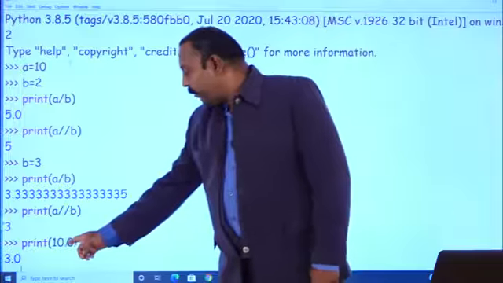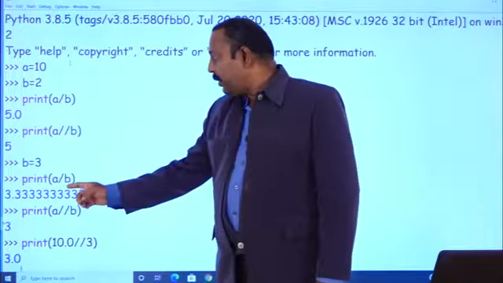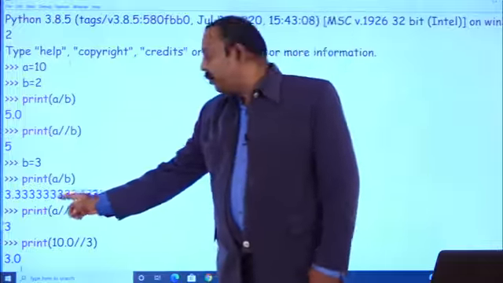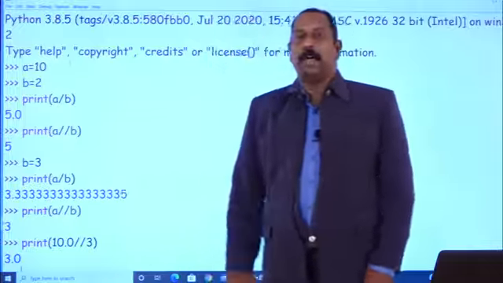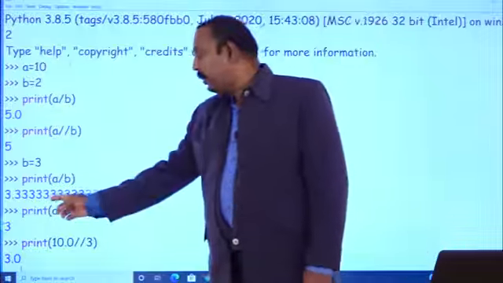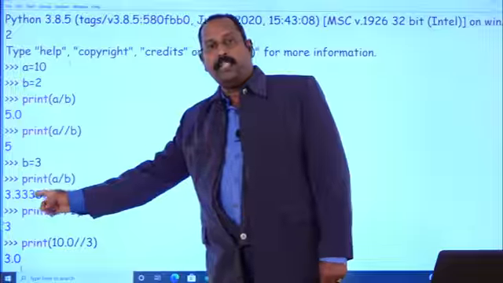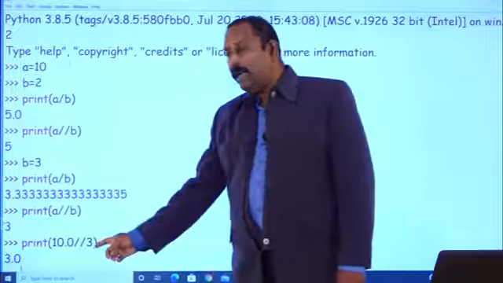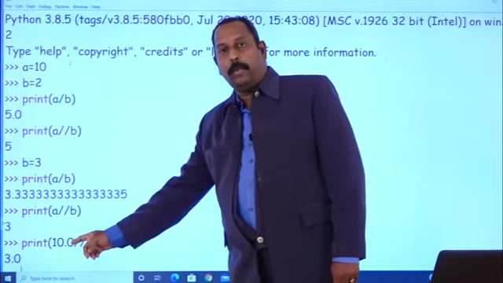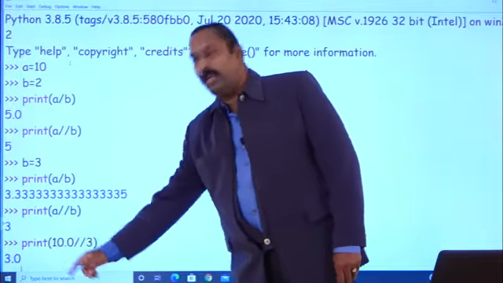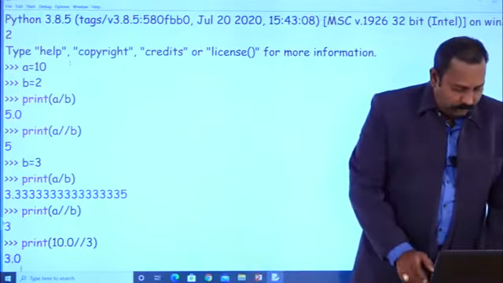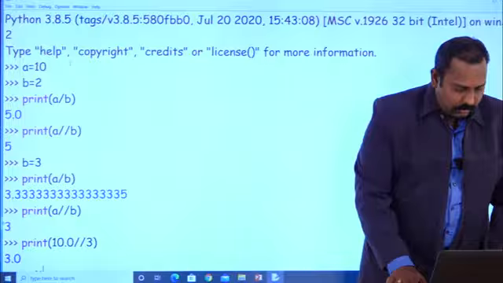Because 10 divided by 3 gives the value 3.333. What is the floor value for 3.333? That is nothing but the nearest integer value, 3. So, the floor value is 3, but one of the operands is a floating point value, that is why you got the value 3.0. Okay. So, this is about arithmetic operators.